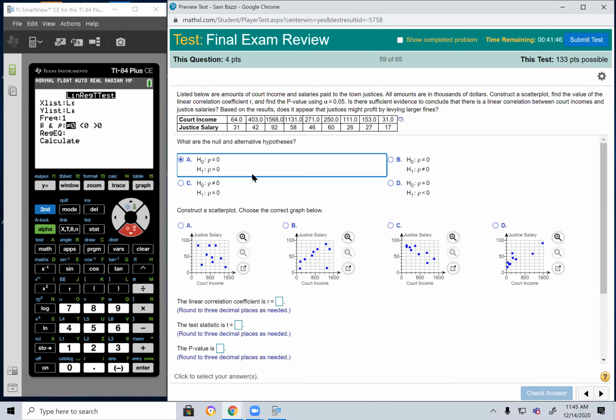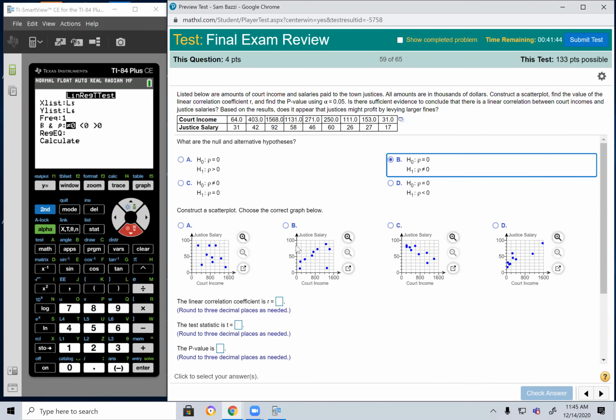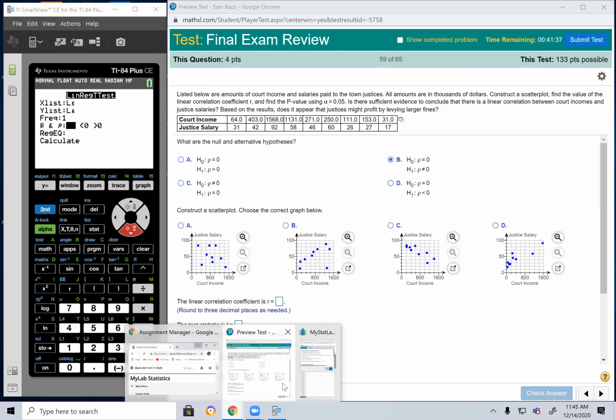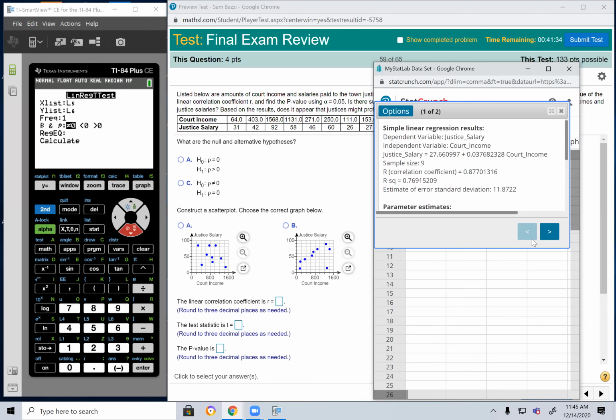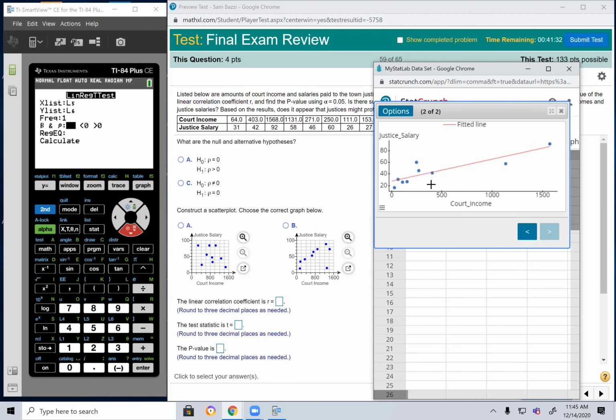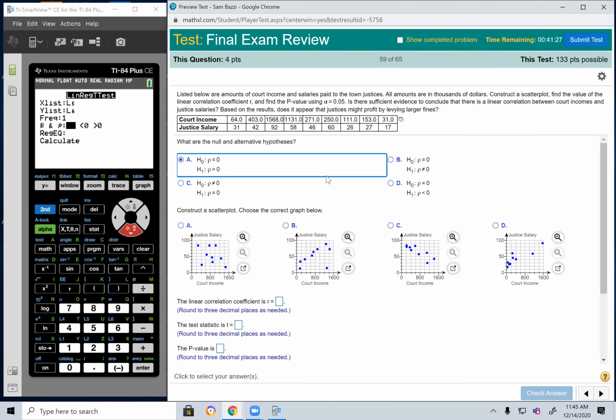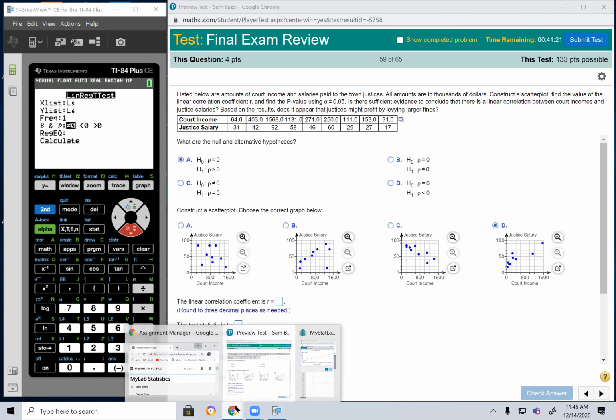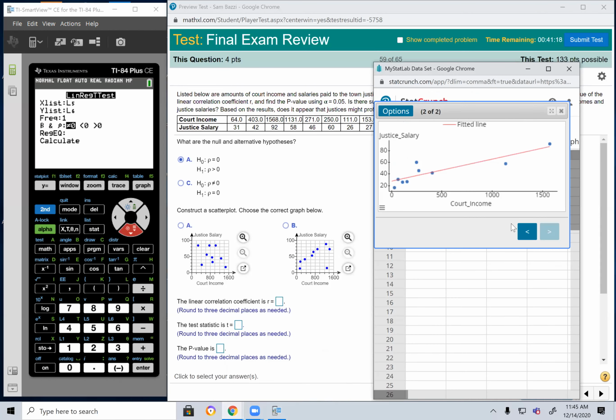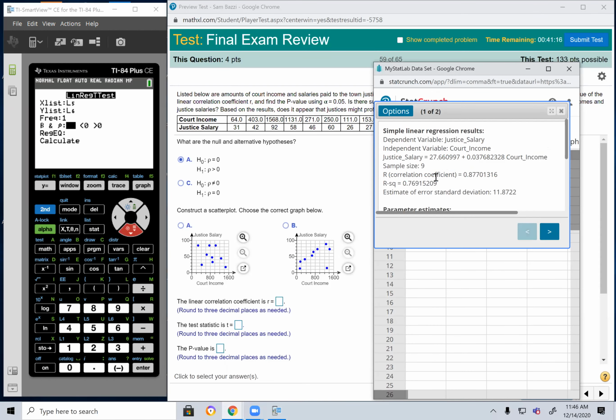Okay, so this is the null and the alternative hypothesis. To check which one is the correct graph, you just go to the second one and this is it. Linear correlation coefficient R, guys, I'll bring it back up. R is 0.877.